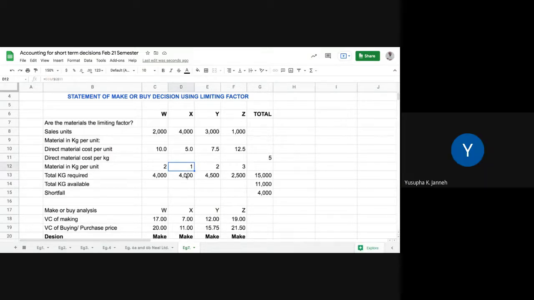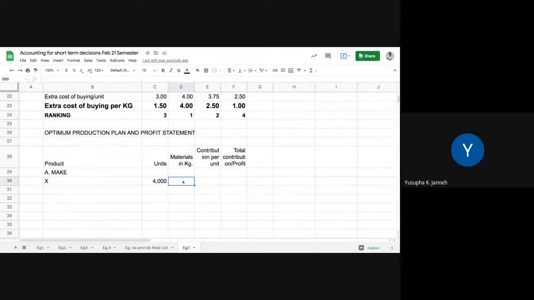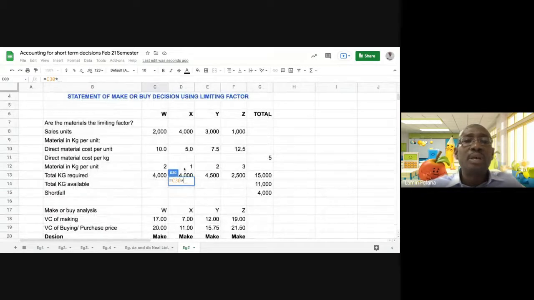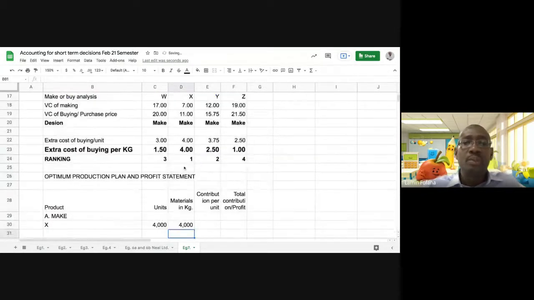So the kilograms is going to be equals this 4,000 multiplied by that 1, because that's the one we need. Enter. Okay, so 4,000 units, because it's at 1 kilo per unit, is 4,000 kilos as well.